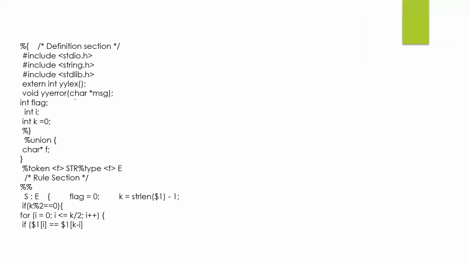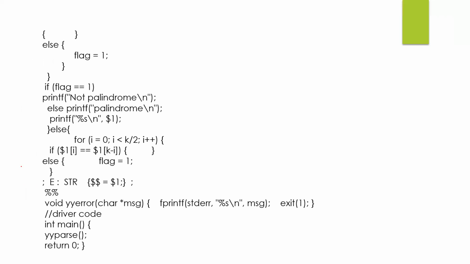And here yylex is called, because to communicate between the Lex and Yacc programs, we use yylex. And this is the rule section. If the given string is a palindrome, it will print that it is a palindrome, or else it will print that the given string is not a palindrome.